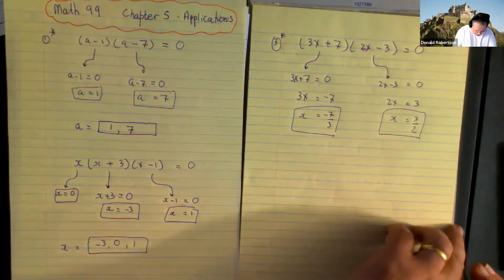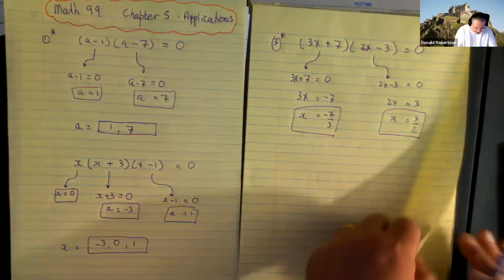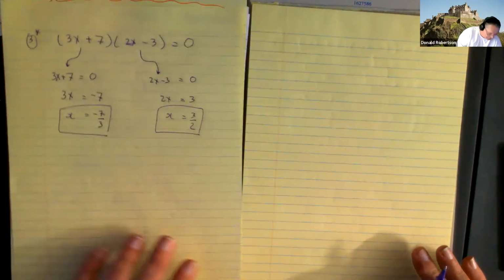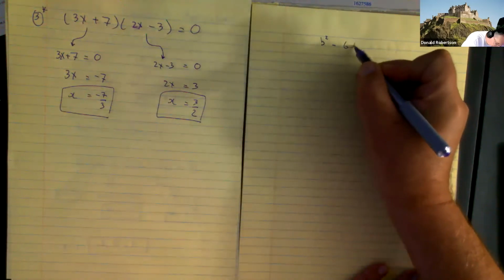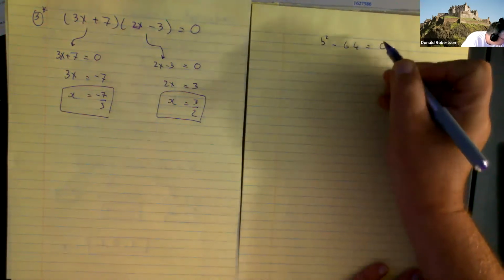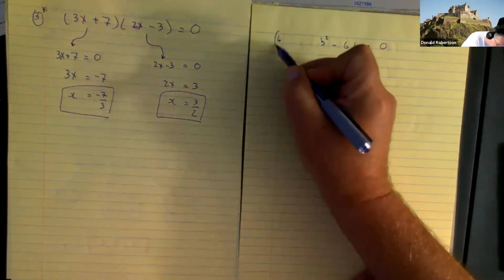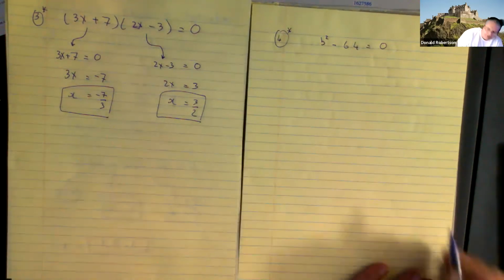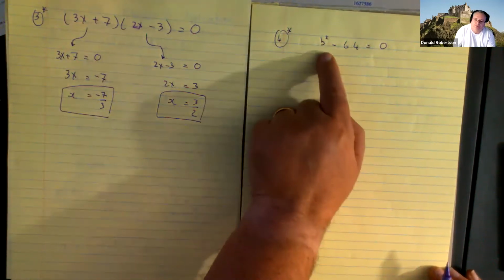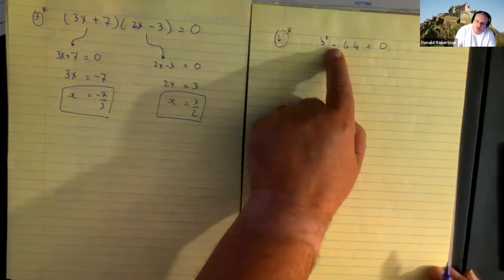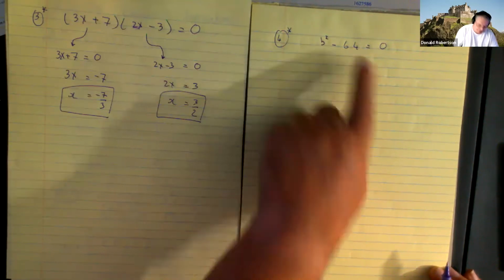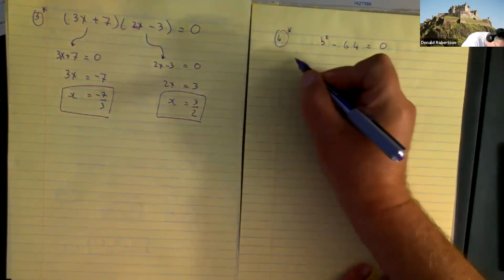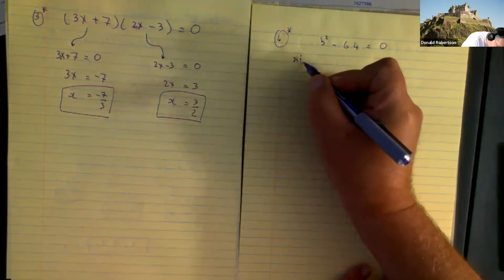And what we're going to look at now is what happens if you get an equation involving a polynomial, but it's not factored. So you might get a question where you have this. Now, if you haven't seen this situation before, when you have something squared, take away a number, in this case b squared, take away 64, this is called a difference of two squares.